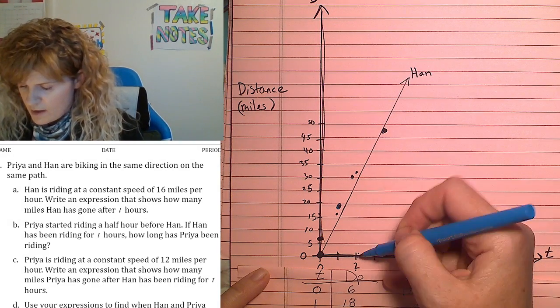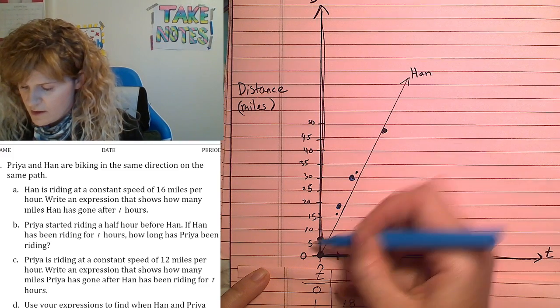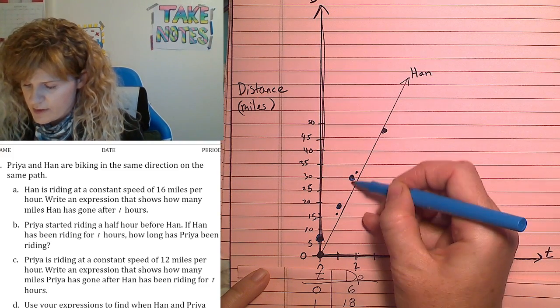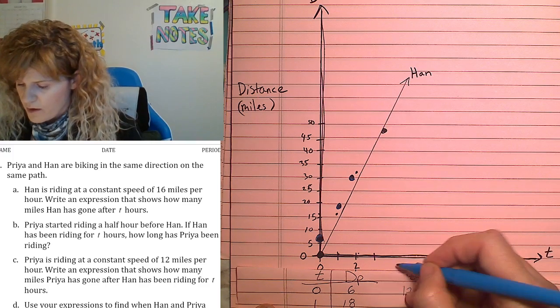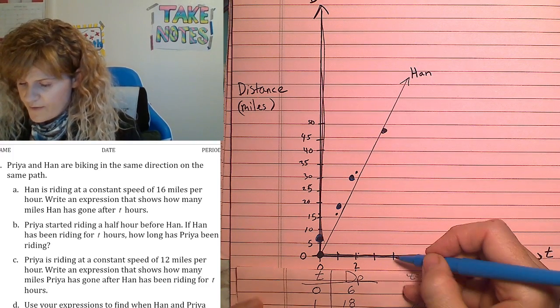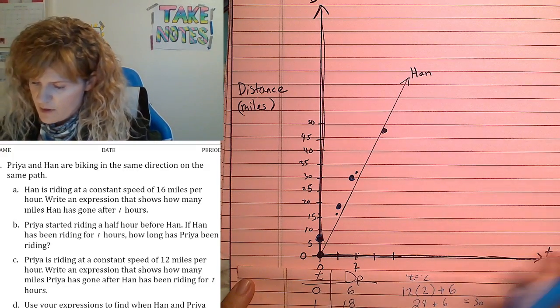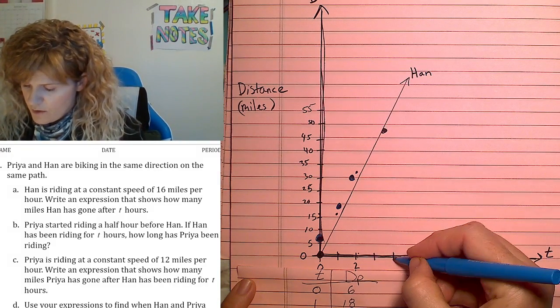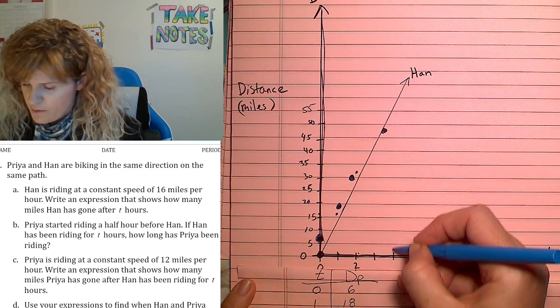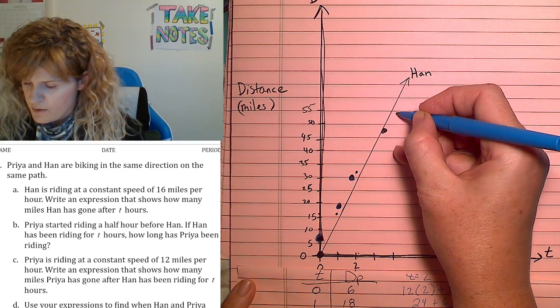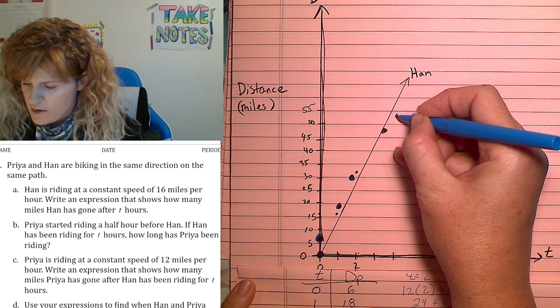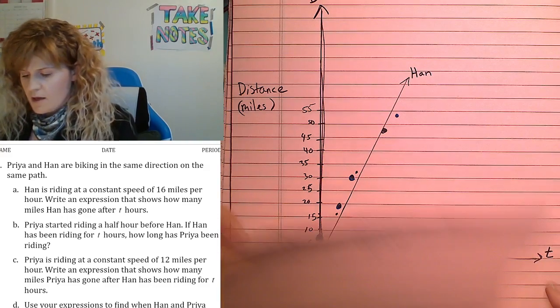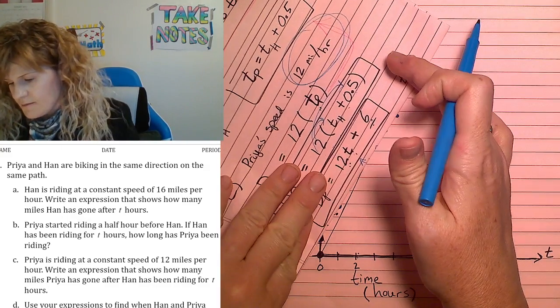Here, and here, and here. The blue dots are Priya's dots. Okay, and then at 4, she's gone 54. So let me get that up here. 1, 2, 3, 4, right below the 55. Here we go. Okay, and I'll connect the lines.